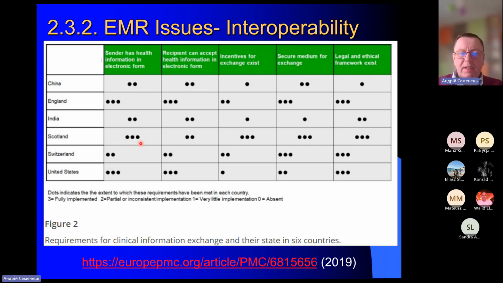So it's still 5-year-old data, and even in the United States and some European countries we have issues: not all three dots, not full support, and sometimes only very little support provided. So as we can see, we have many significant issues in many countries.